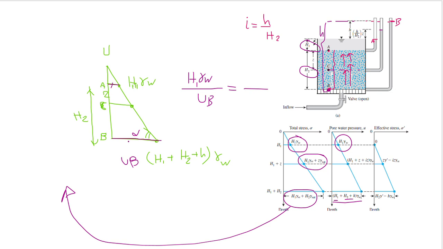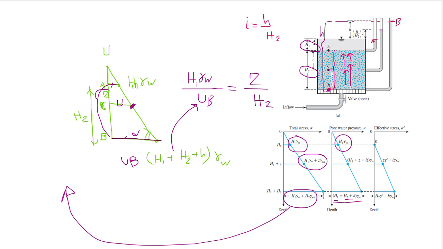This one divided by that one equals this one, Z, divided by that one, which is H2. And if we put the UB value, then at point C we can calculate this value based on this relation.